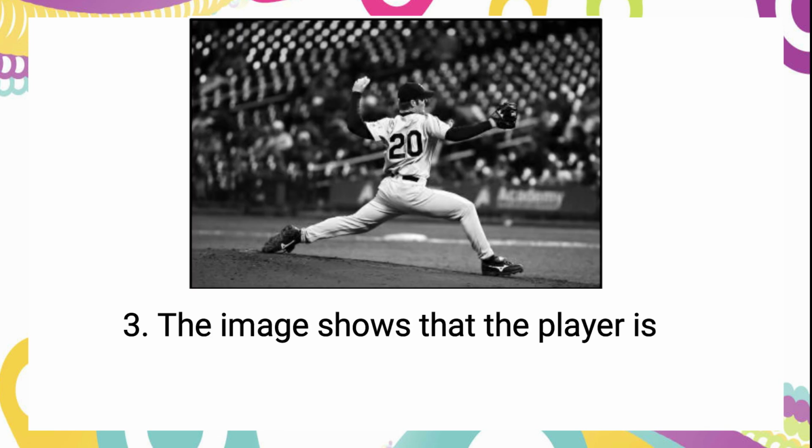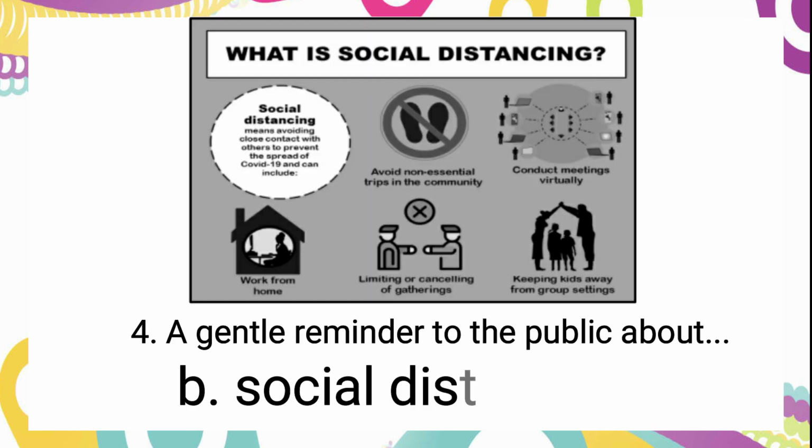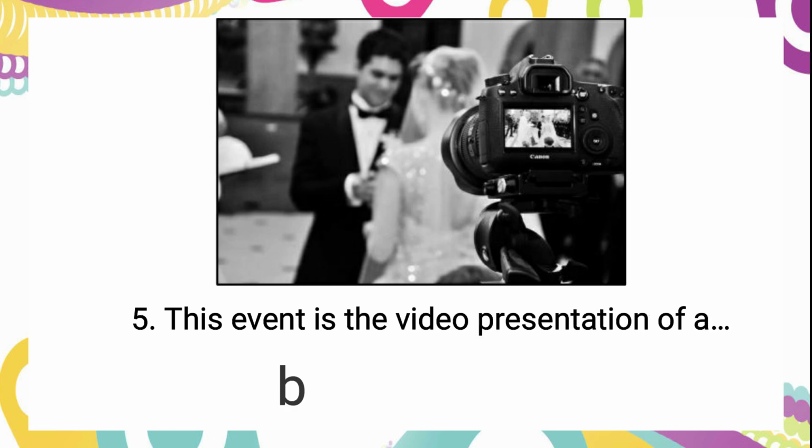For number 3, the answer is B. Expert. For number 4, the answer is B. Social distancing. And for number 5, the answer is B. Wedding. Did you get all the answers correctly? Good job!